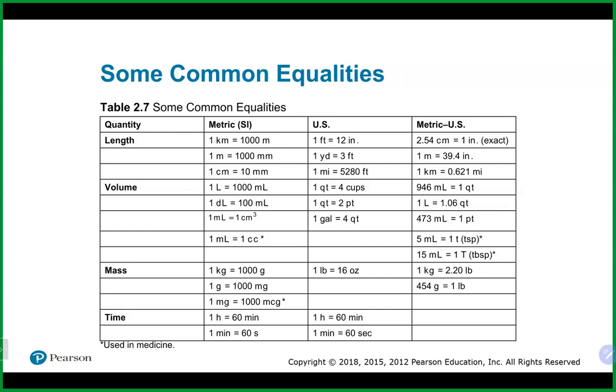Here are some common equalities in our metric to US crossover, our English to English. If you pull anything from this category here, that's considered an exact number, so you don't have to worry about it in your calculation. If you pull anything from this category here, that's also considered an exact number, so you don't have to worry about it.